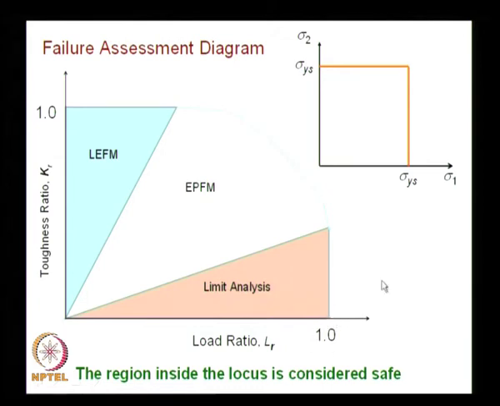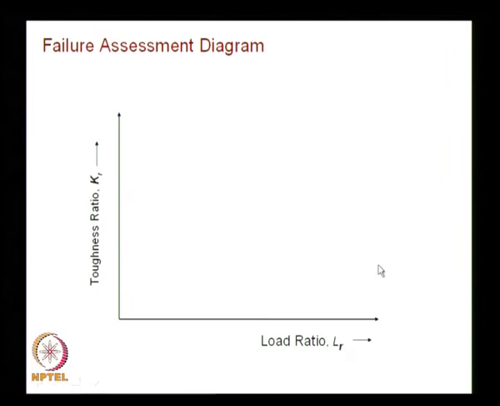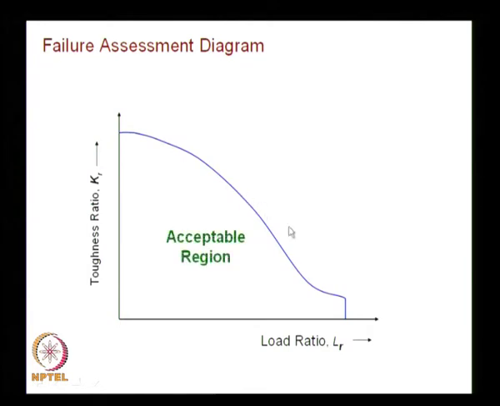But later on people extended this by considering strain hardening, and the curve was also different, and we had seen the curve is dictated by various parameters and various ways you can get it. It is not simply a straight line from LEFM and a straight line from plastic collapse, and this curve you have to find out for a given application. It demarcates the acceptable region and the unacceptable region.